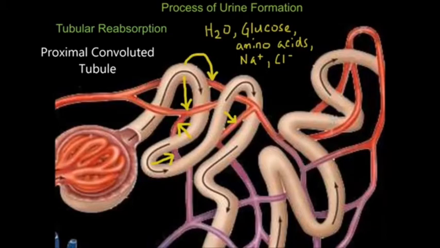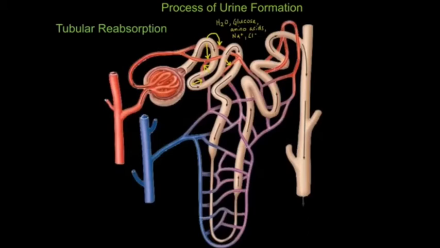From the proximal convoluted tubule, substances then move into this U-shaped structure called the loop of Henle, and there are 2 parts of the loop of Henle. There's the descending limb and the ascending limb.